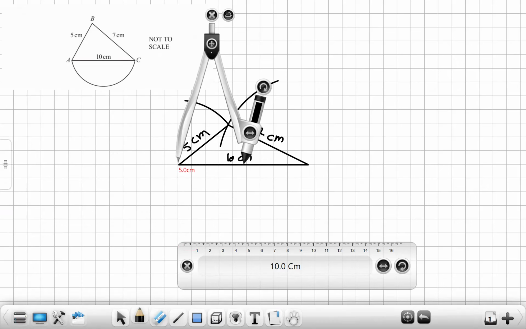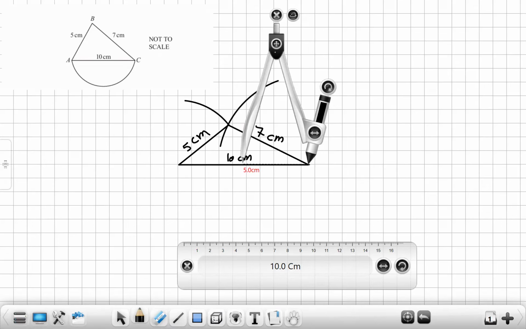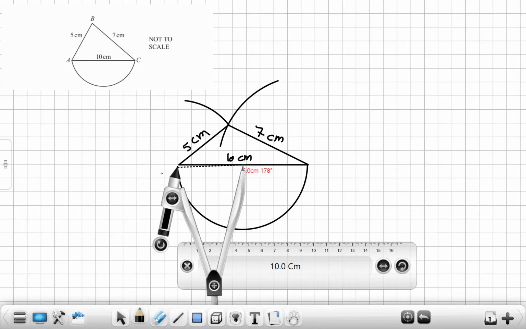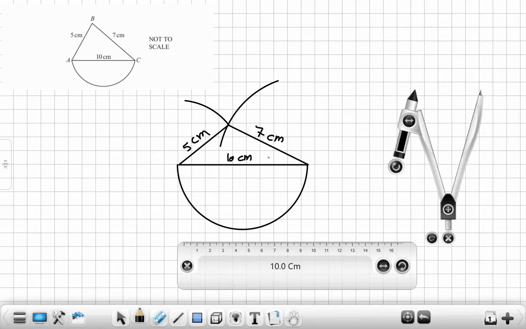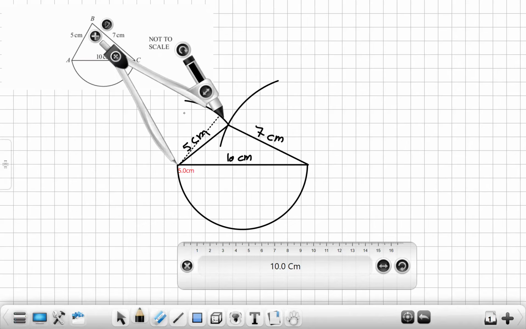You go up there, from the center, and you start drawing your semicircle. That's it. Now I constructed everything exactly the same thing, the same measurements.